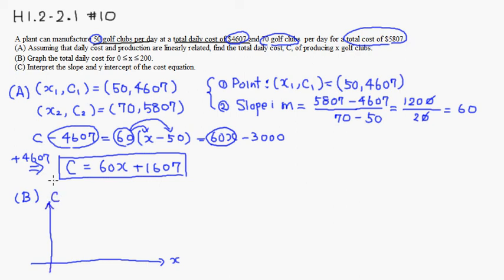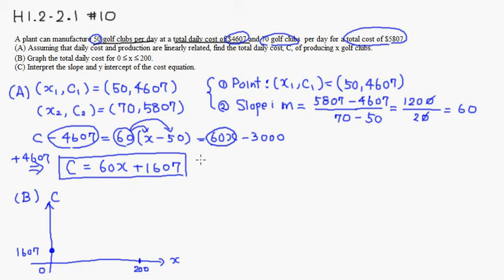The intercept right here is 1,607, so I'll put that here, and the ending point is 200, so we'll see what you get when x equals 200.